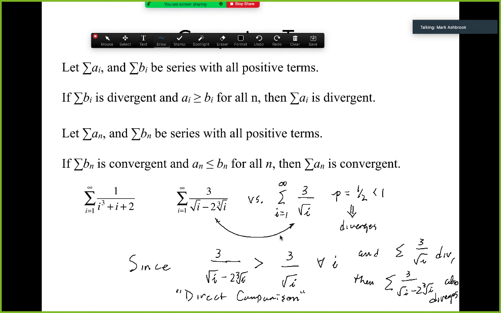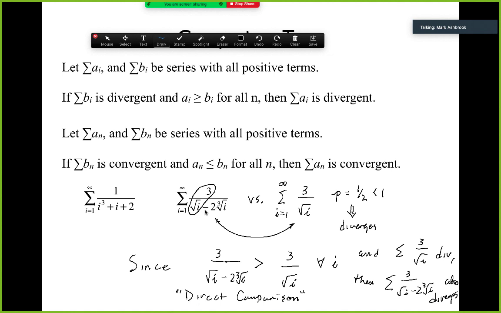Does this example make sense? Any questions on this? How do you know which series to compare the other series to? We want to compare it to something that we know readily, like a p-series or a geometric series. The obvious choice here is this p-series right here.